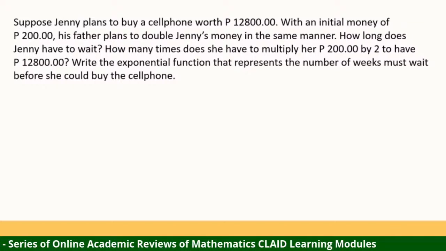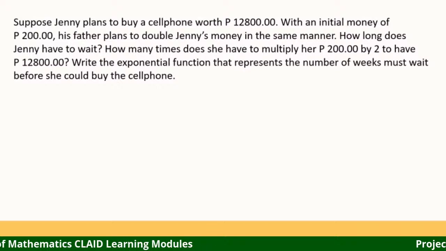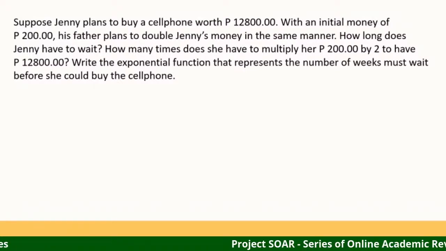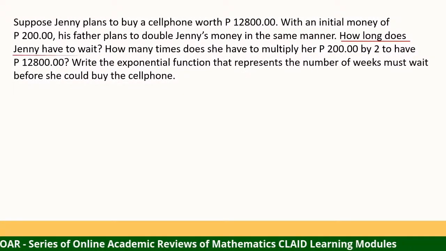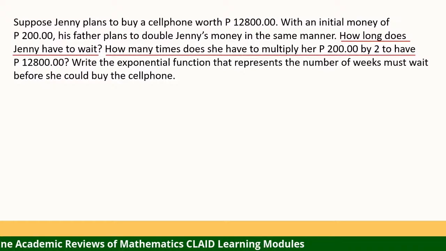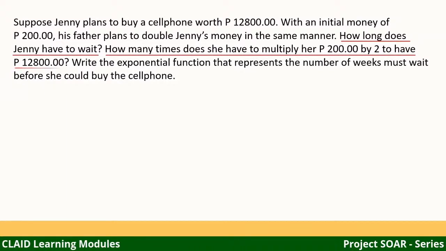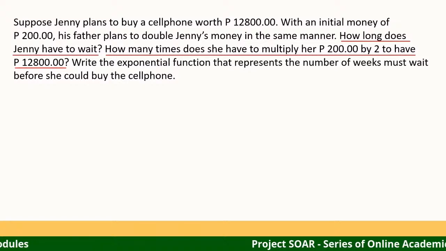Ang una nating gagawin ay, we have to determine the problem. What is being asked in the problem? Okay, we have here two questions that need to be answered. First is, how long does Jenny have to wait? And how many times does she have to multiply her 200 pesos by 2 to have 12,800 pesos?